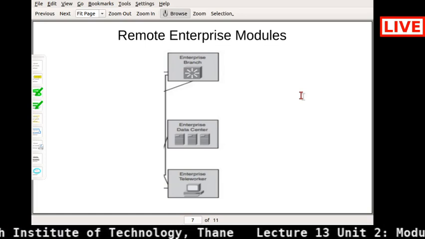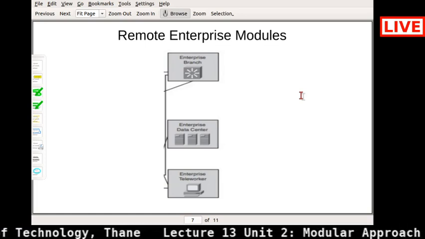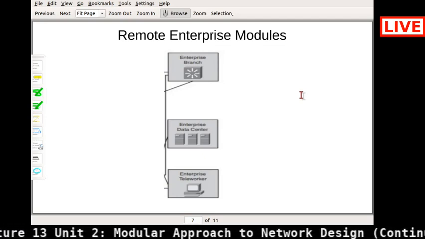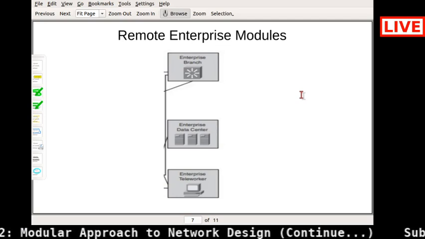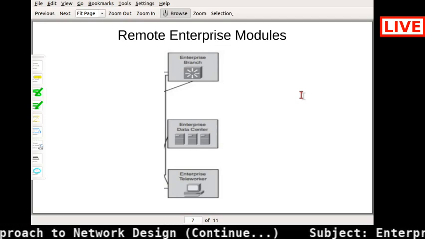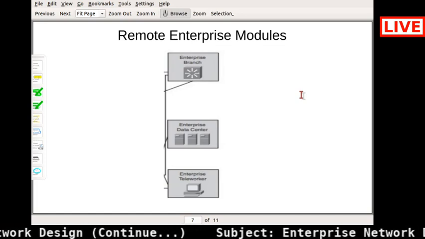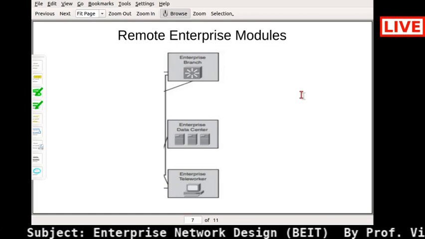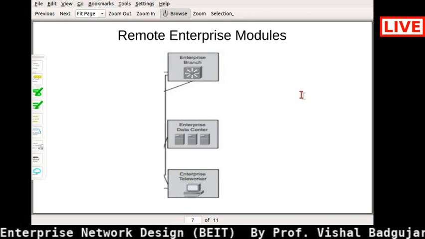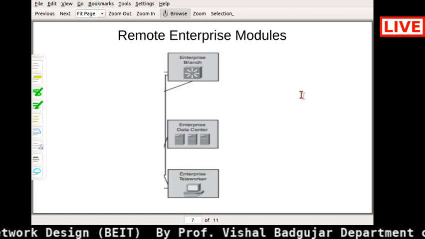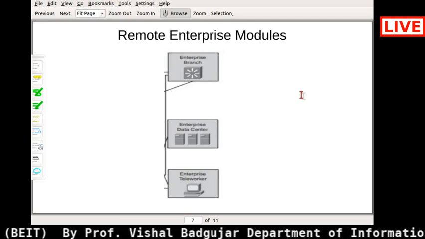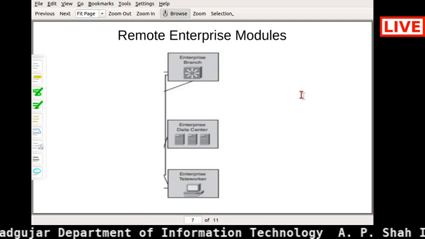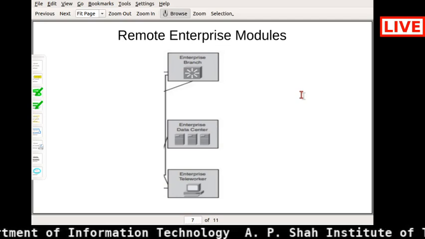Whenever we think about an enterprise branch, it is nothing but the sub branches of your organization, and from those sub branches the central branches must be accessible by using different internet networking strategies and technologies, right? So you use high speed internet, VPN, video conferencing, and you have organization intranets with you. All these things you must think about, right?